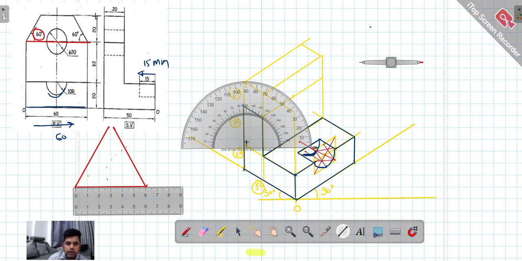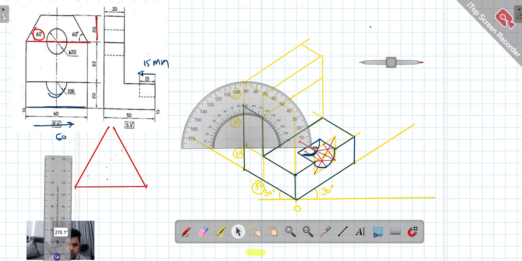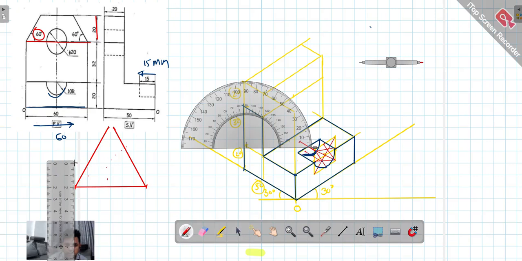What is this height? 20. So take this scale, move it like this. 20. This point is 20. Again rotate the scale.